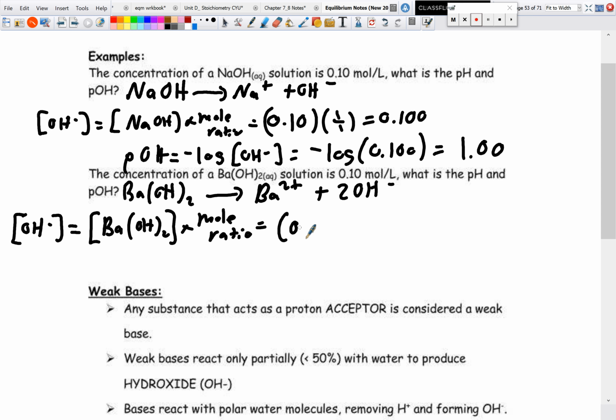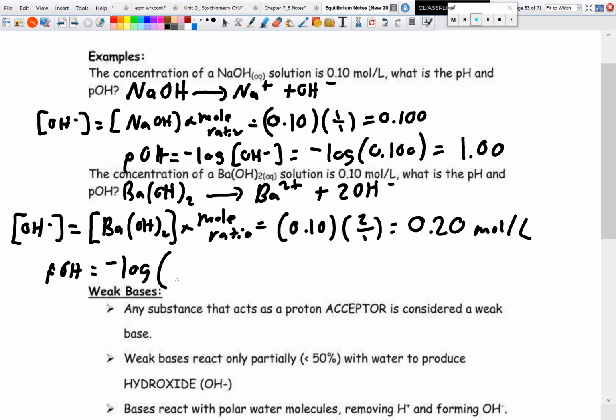In this case, it was 0.10 times 2/1, wanted over given, to get 0.20. And then pOH is equal to negative log concentration of hydroxide, which was 0.20, and we get a pOH of 0.70. So this was all done last week, and this is all of our Chem 20 calculations on how to get pH and pOH of a strong base.